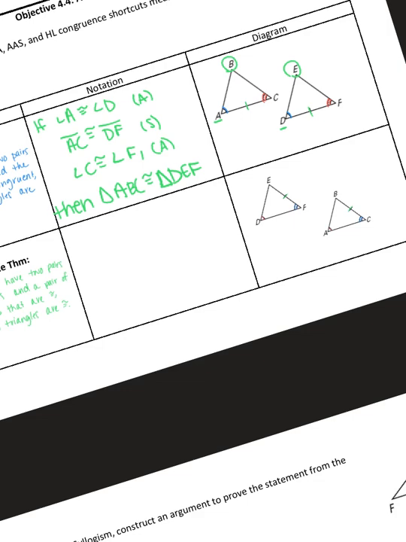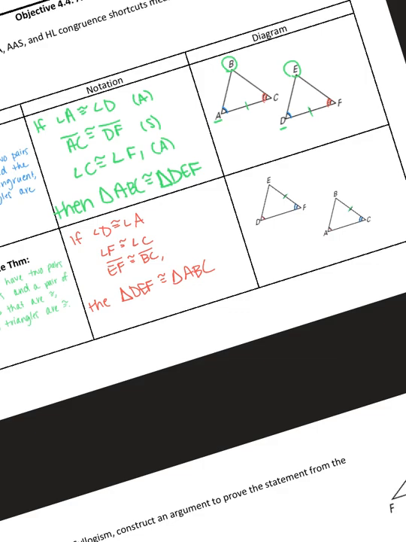Okay, so we know this time we're going to say if angle D is congruent to angle A, and angle F is congruent to angle C, and segment EF is congruent to segment BC, then triangle DEF is congruent to triangle ABC.